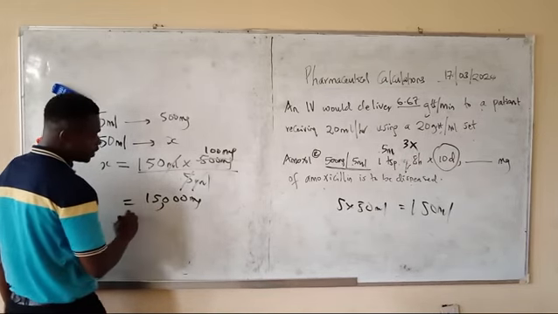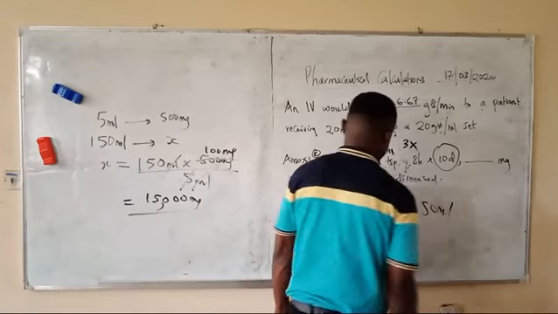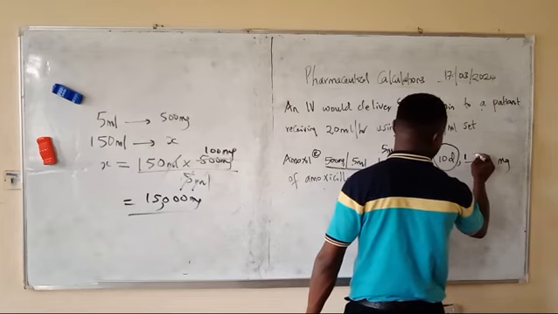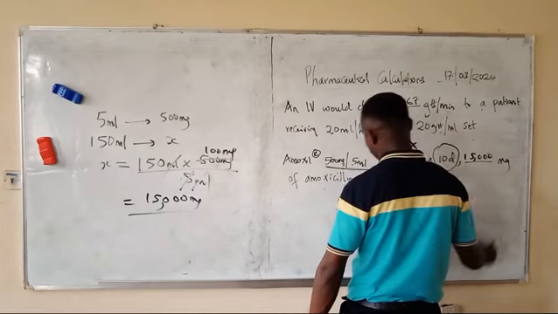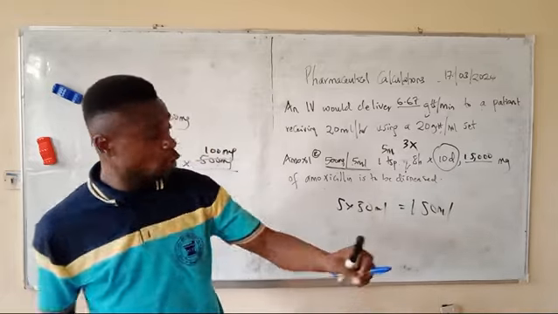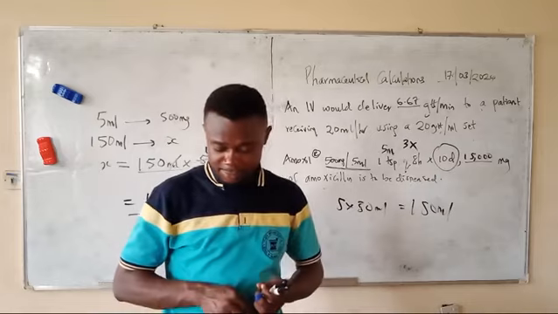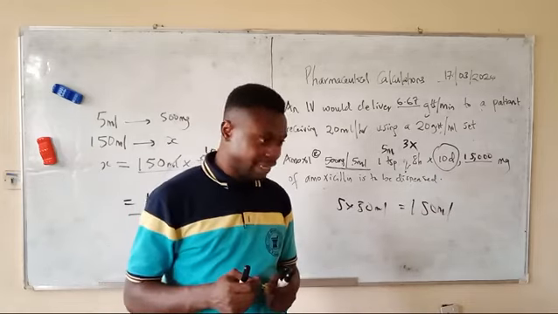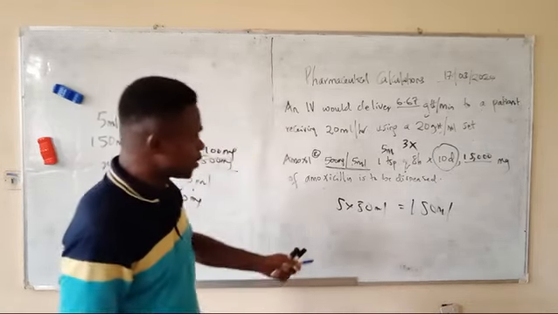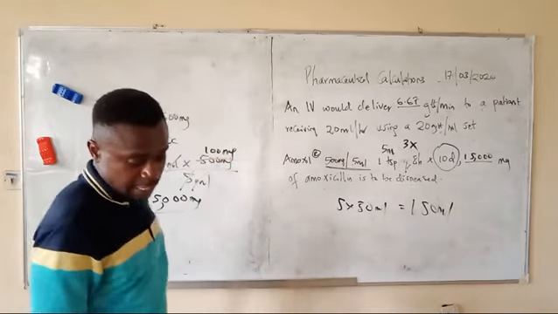Good. 15,000 milligrams. 15,000 what? Milligrams. Is it clear? Yes, sir. So the answer is 15,000 milligrams. Okay? Good. Alright, so let's go to the next question.